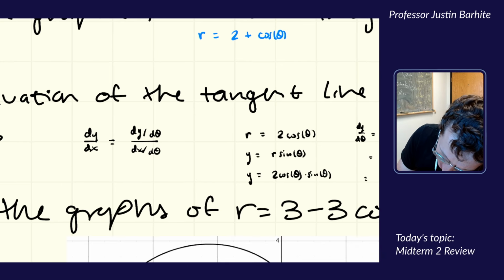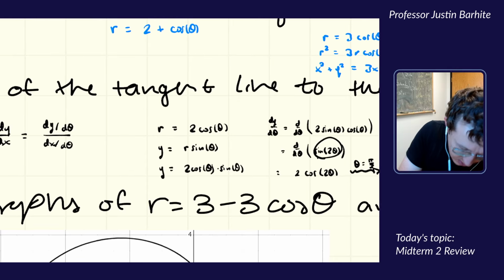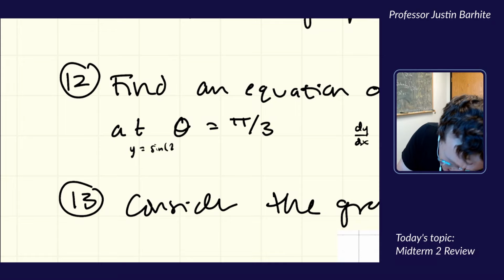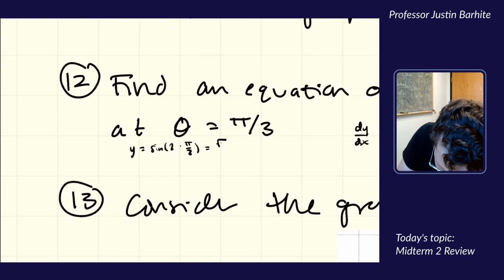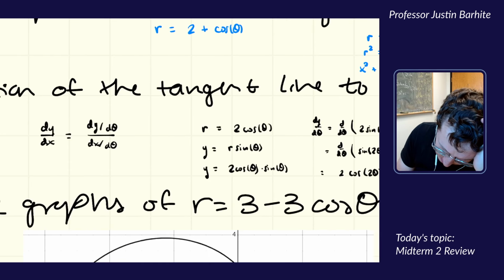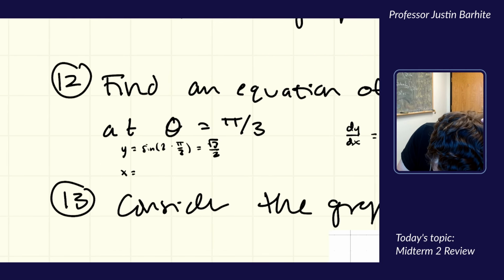We worked out y is sine of 2 theta. That's root 3 over 2. And x, we found that x was 2 cosine squared theta.